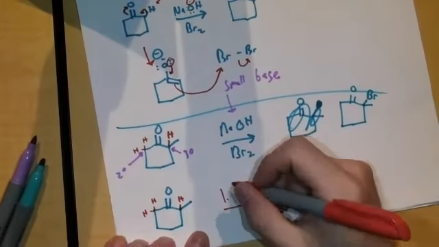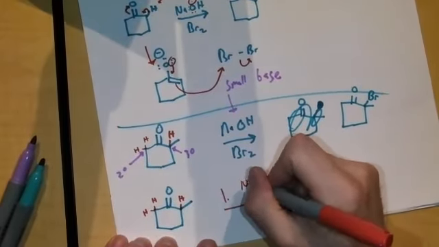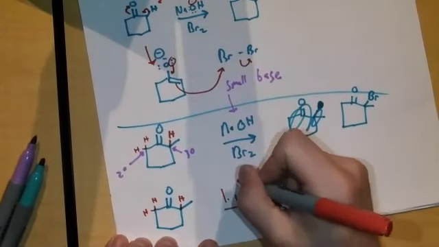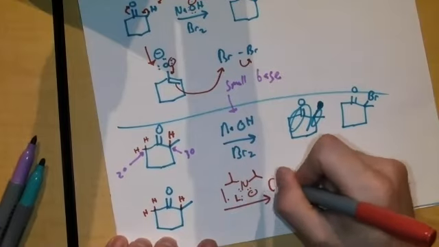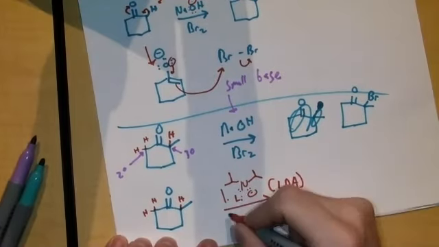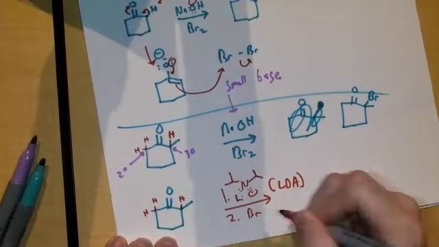Versus if we did this with a large base, like let's say LDA, which is lithium diisopropylamide, followed by Br2.